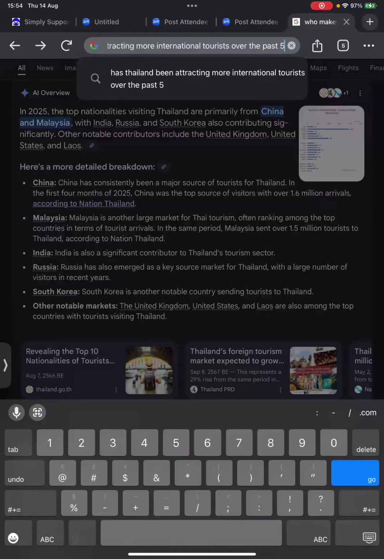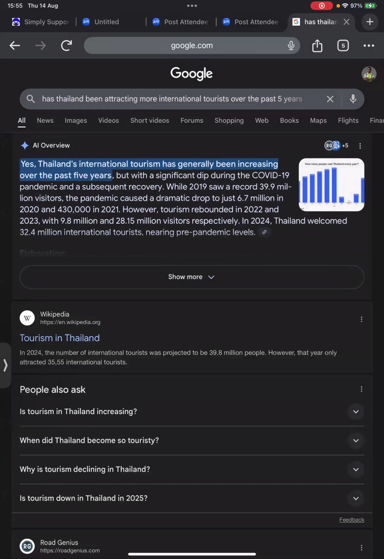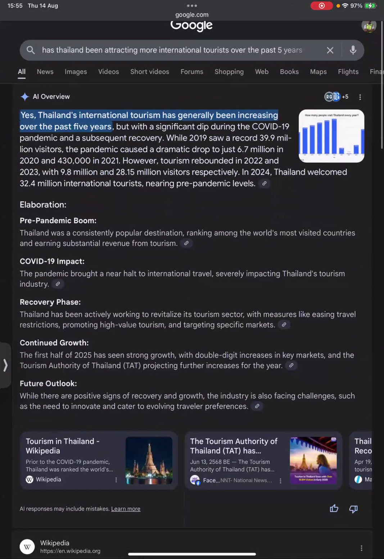Yeah, 5 years. Okay. The AI said yes, Thailand international tourism has generally been increasing over the past 5 years, but with a significant dip during COVID-19. And where did you get this information?